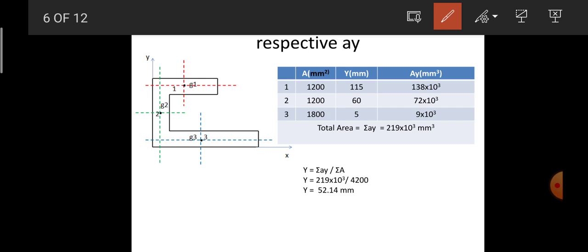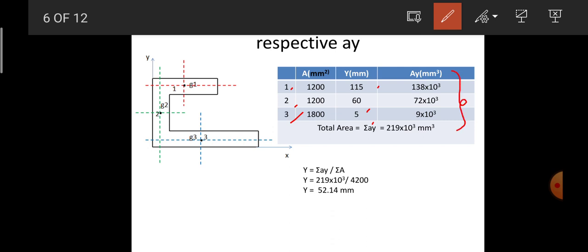So for the first, we had calculated it as 1200, and also for the second it is 1200, and third it is 1800, and y1, y2 and y3 also we had computed as 115, 60 and 5 mm.